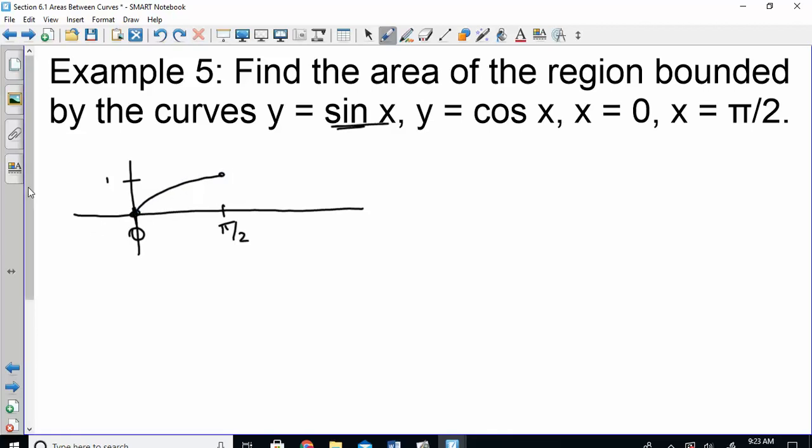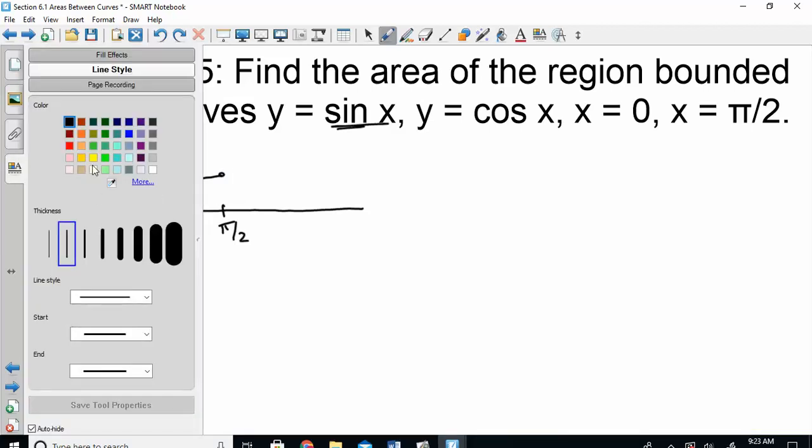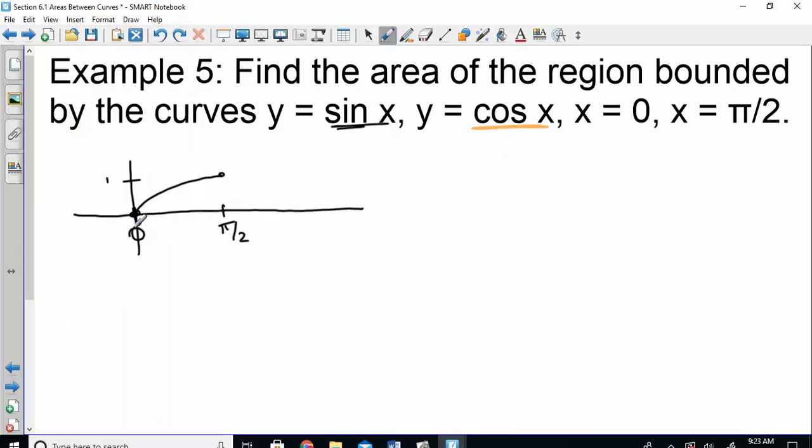So sine from 0 to pi over 2 looks like this. Cosine. What is the cosine of 0? 1. And the cosine of 90, 0.